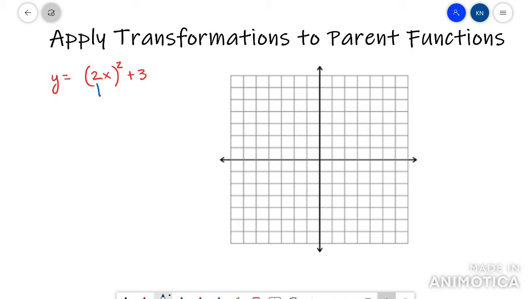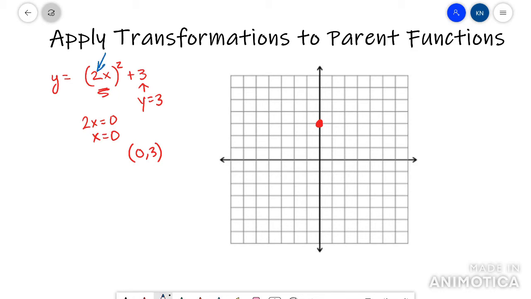First of all, find your point of interest. Set your parentheses equal to 0, so 2x equals 0, and solve it. Then your y value is this right here, so 3. So I know my point of interest is at 0, 3. I'm going to put a dot there. Now, this horizontal compression does something weird to the graph.